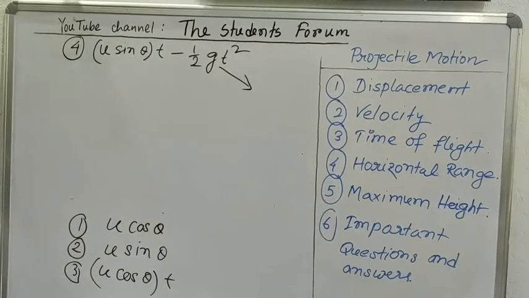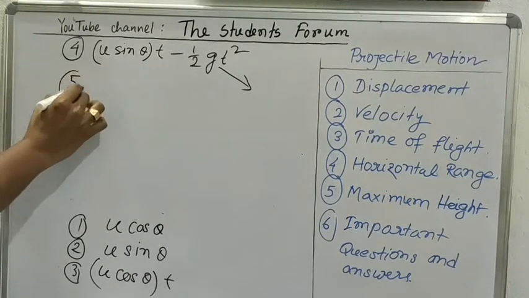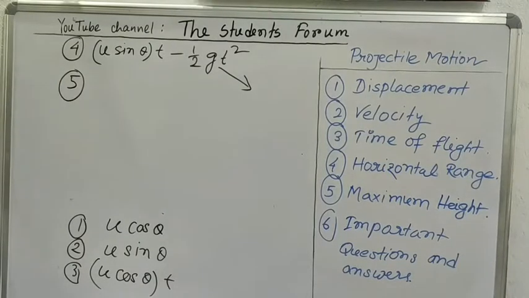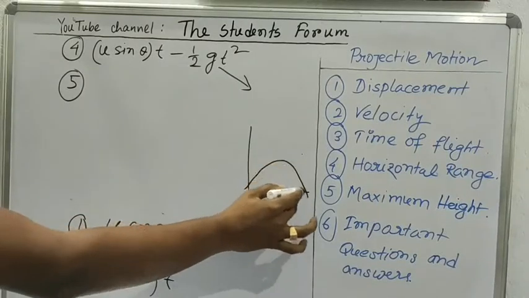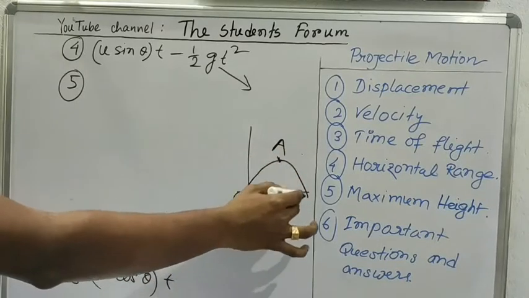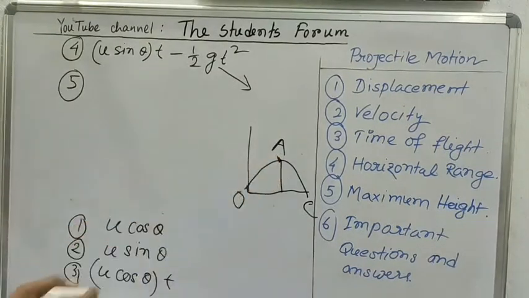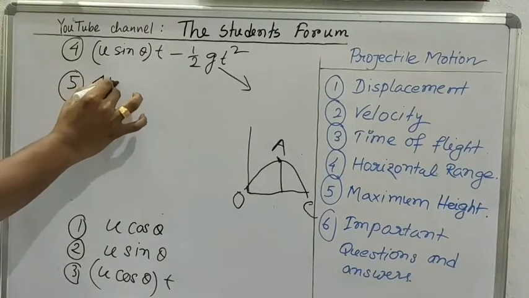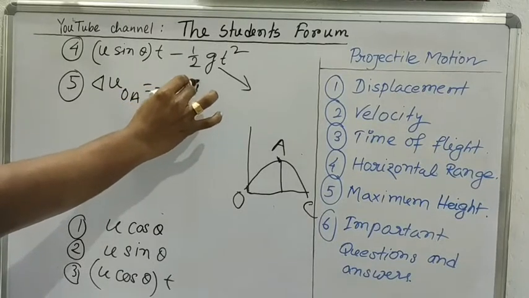Now the next important relation is the change of velocity. If we consider the particle moving from the starting point O to the maximum height A and the ending point C, the change of velocity from the initial position to the maximum height is given by delta u, OA, equals minus u sin theta.